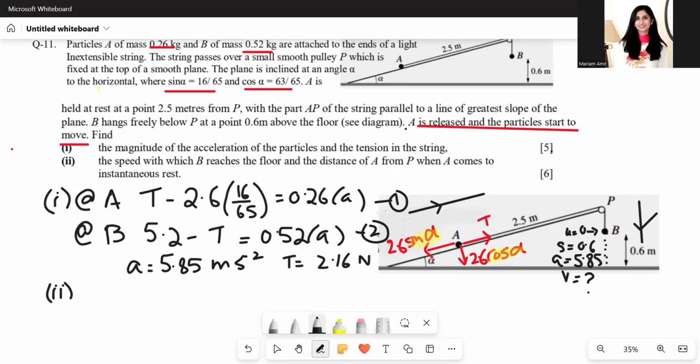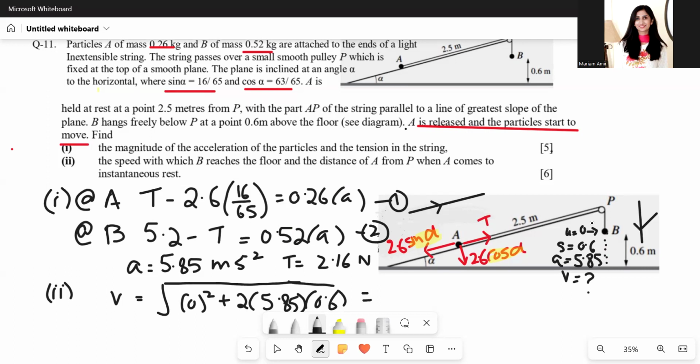So we use v squared equals u squared plus 2as, and then take the square root to find v. So v squared equals 0 squared plus 2 times a times s. This comes out to be 2.6486, which rounds to 2.65 meters per second in 3 significant figures.